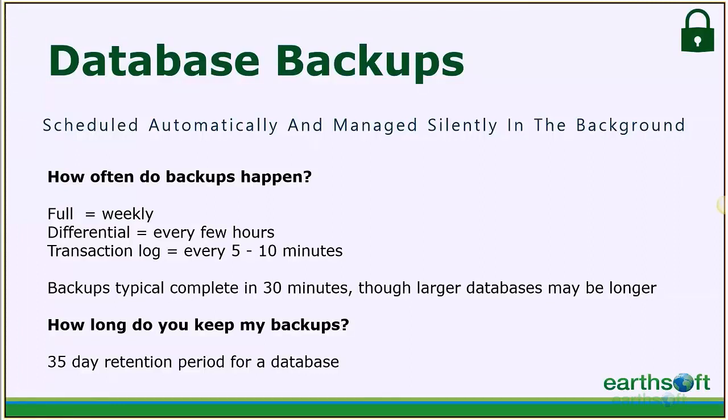So that way, a differential backup allows your most recent transactions or data submissions to be saved throughout the day many times. So it's another layer of backup that doesn't take as long to complete as a full backup, but ensures that you have the latest transactions in your database and that they're stored and saved properly.